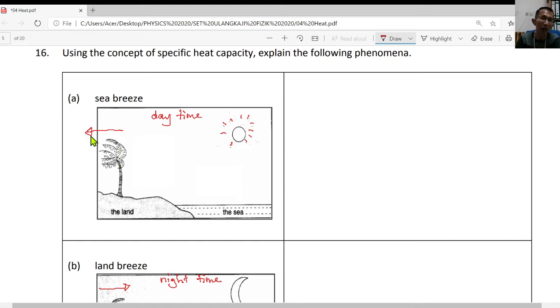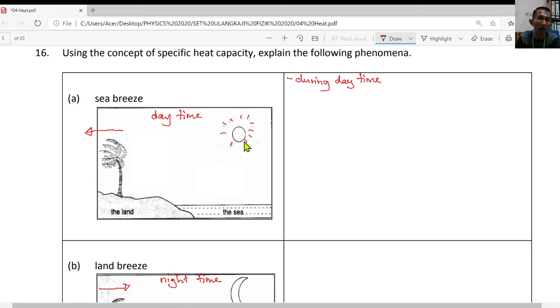So what happened during daytime? What causes sea breeze and what causes land breeze? Let's answer the sea breeze first. During daytime, the land and the sea will receive the same amount of energy from the sun.